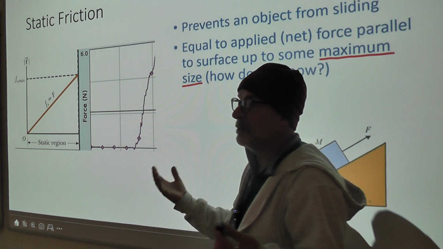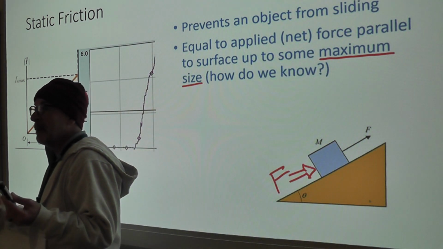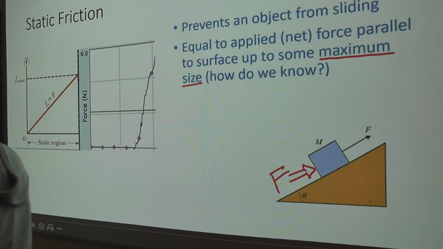So it has to max out at some point. And the point at which it maxes out is the point at which the object starts to move. So we can increase the friction on this block by tilting our ramp. But once we get to a certain point, the force of static friction is no longer sufficient to hold it in place. And it's maxed out. It's as much as we can get.